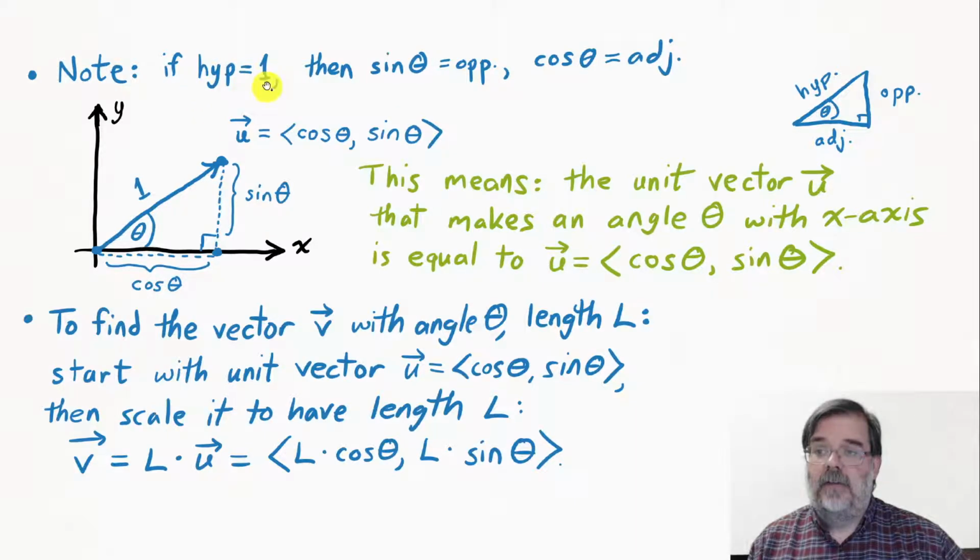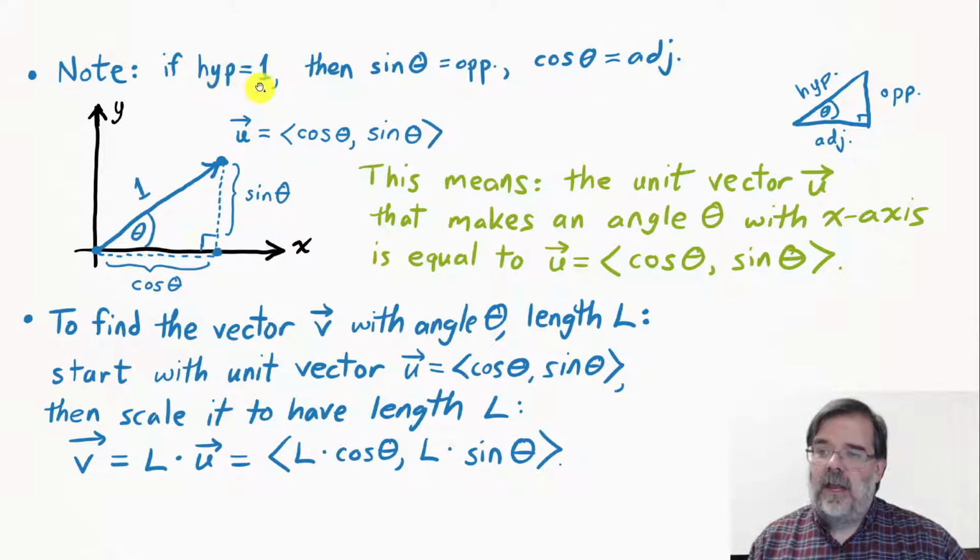Similarly, again, assuming that the hypotenuse is equal to 1, the cosine of theta is defined as the adjacent length divided by the hypotenuse length. But if the hypotenuse is 1, you have adjacent divided by 1, which is just equal to the length of the adjacent side.